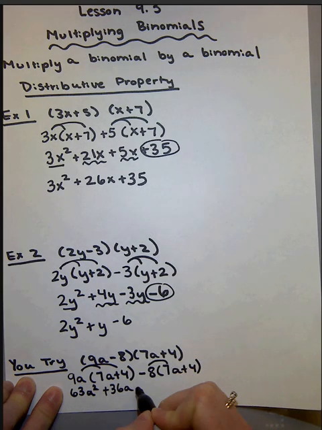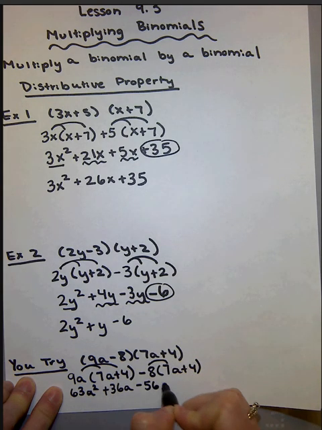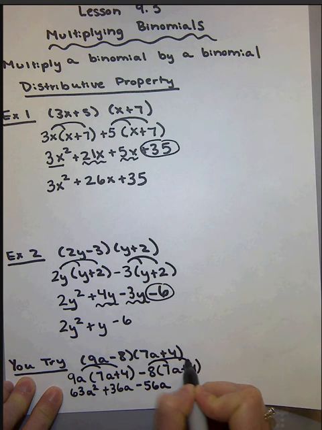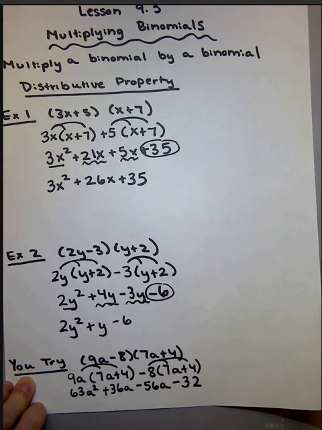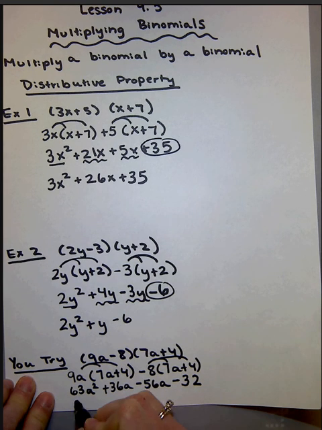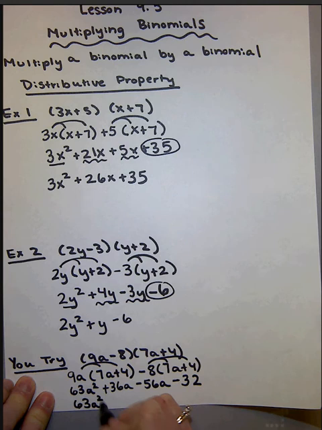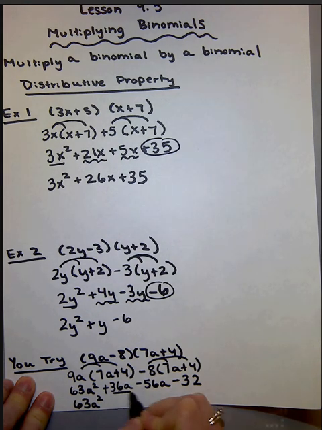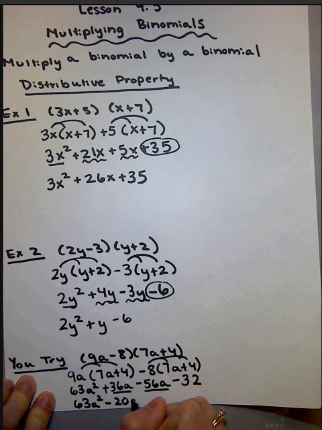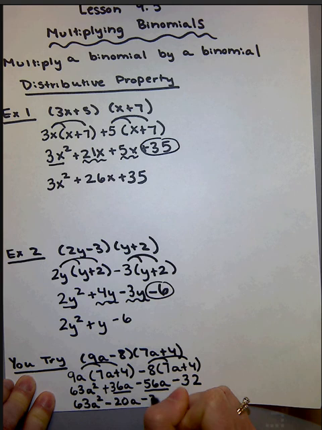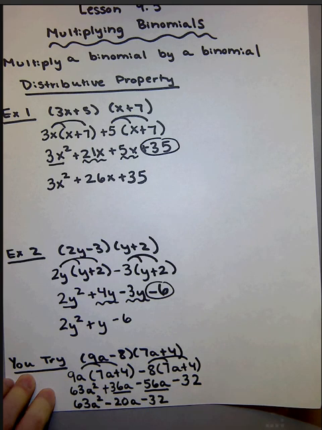Negative 8 times 7a is negative 56a. Negative 8 times 4 is negative 32. Now you look for your like terms. 63a squared, that's the only a squared, so I just drop it. Here are two a's, 36a and negative 56a, like terms, so that becomes negative 20a. And then you've got your negative 32. So hopefully you got that one correct.